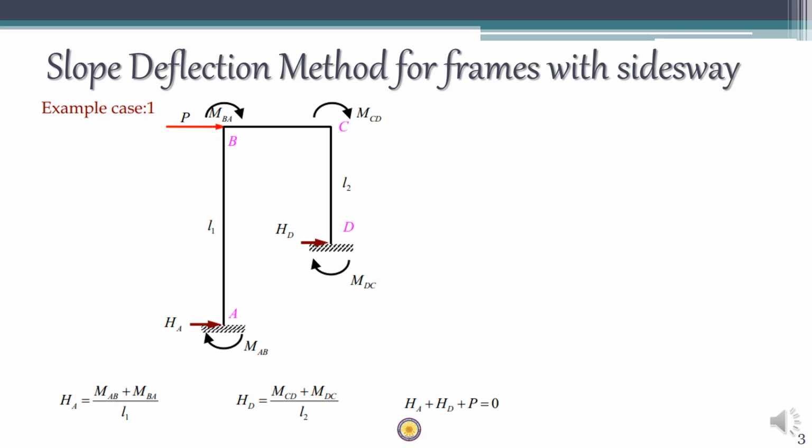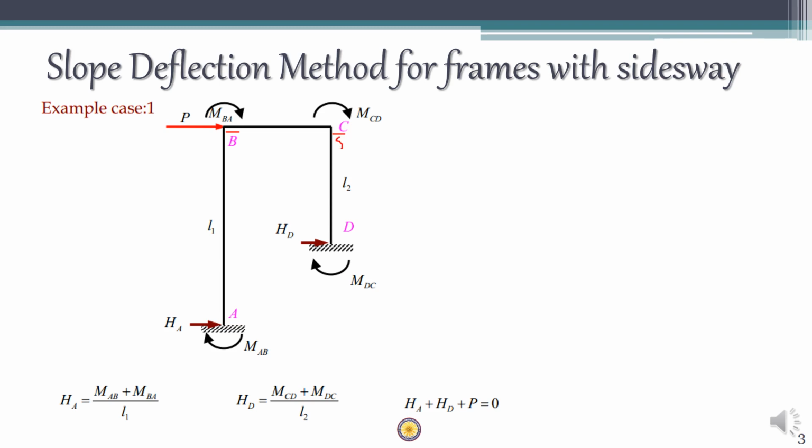Here you can see the frame is unsymmetric because it has different lengths, and there is a horizontal loading as well, which means this can clearly cause a side sway in the frame. Let's assume that the side sway at B and C is delta. This means B moves by delta as well as C moves by an amount delta.